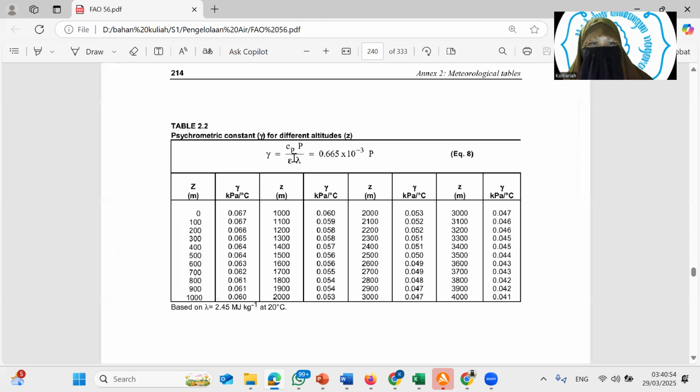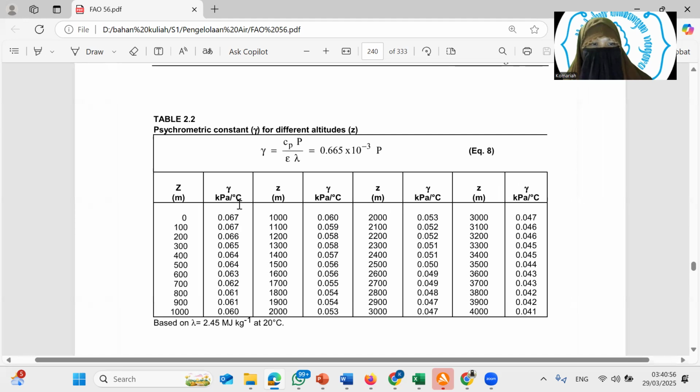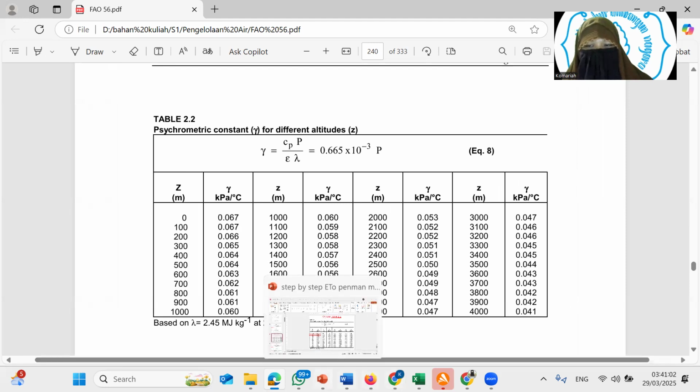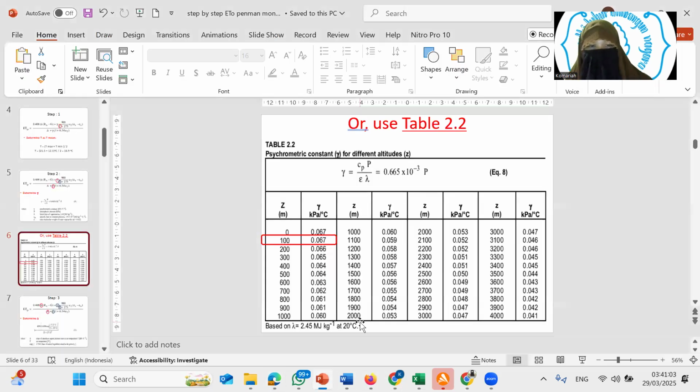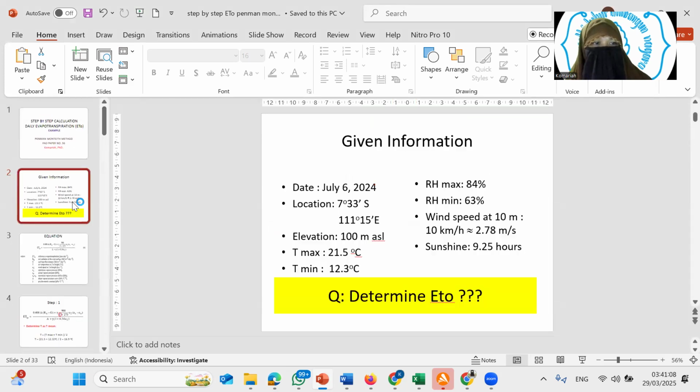The information required to determine the gamma is the elevation. So from the given information we understand that the location is 100 meters above sea level.